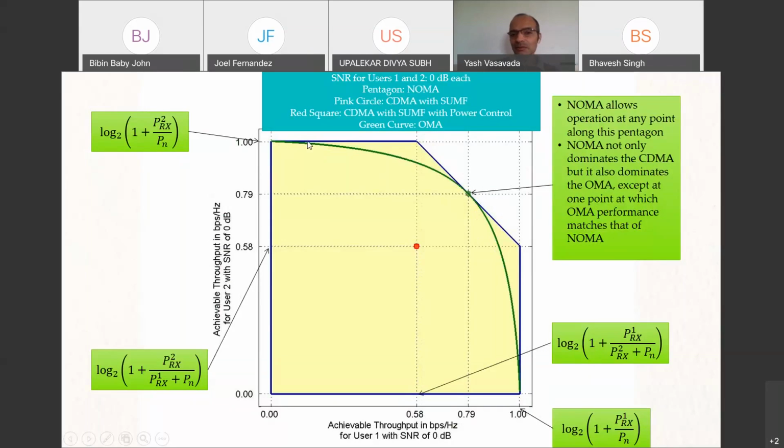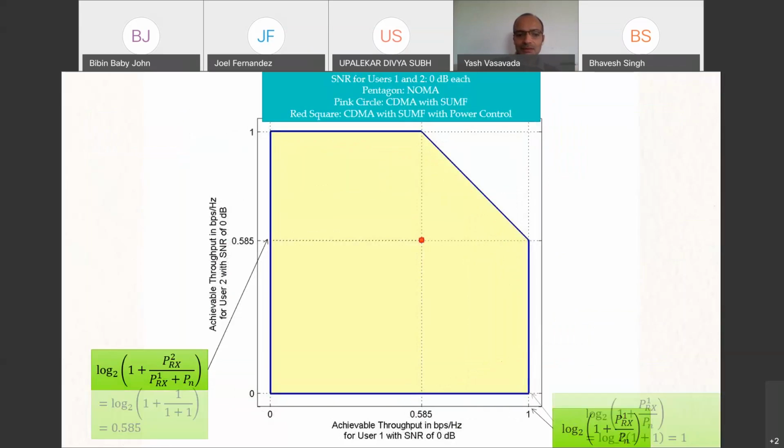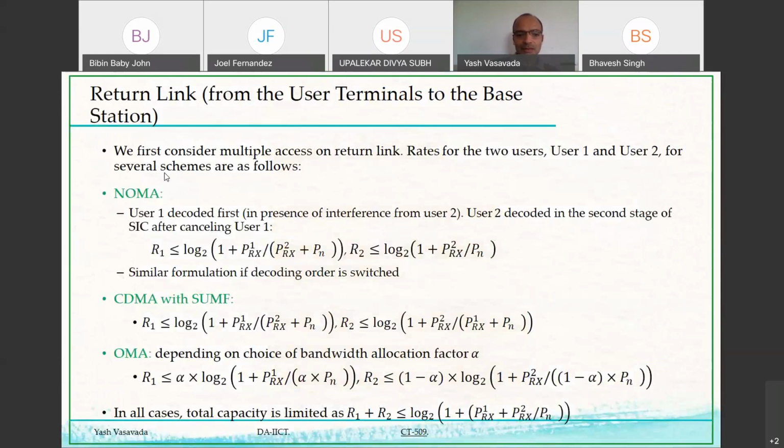This is very easy to program. You can do it in 10 minutes. If you plug in this formula here in MATLAB and change alpha from 0 to 1, then you will get that green curve.